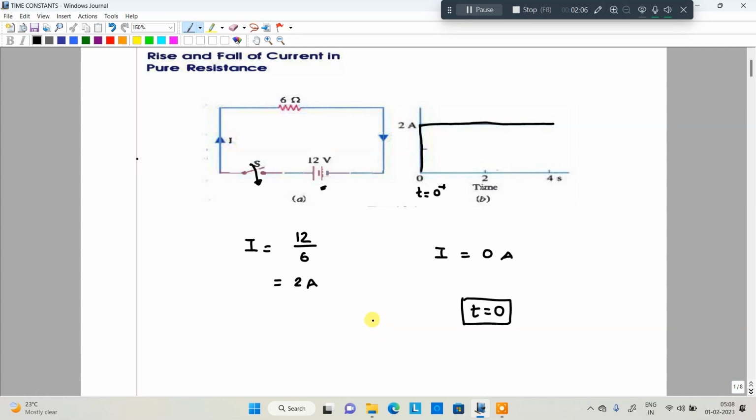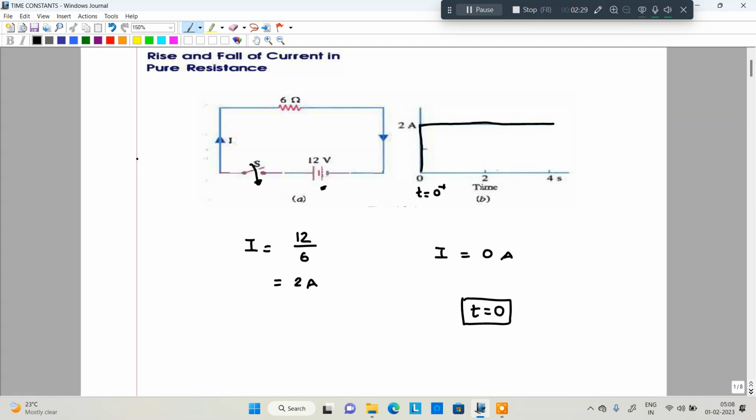Then you will get the doubt: what is the reason behind instantly rising and instantly falling current? An inductor stores energy in the form of a magnetic field. A capacitor stores energy in the form of an electrostatic field. But a resistor won't store any energy.